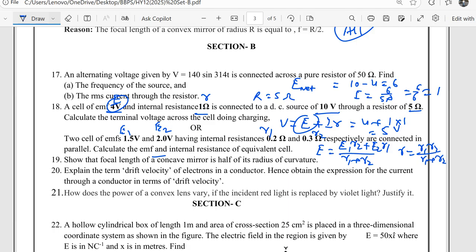So the net internal resistance will come out to be 0.12 ohm, and the EMF, if you put all these values, just calculate it: 1.5 multiplied by 0.3, plus 2 multiplied by 0.2, divided by 0.3 plus 0.2.